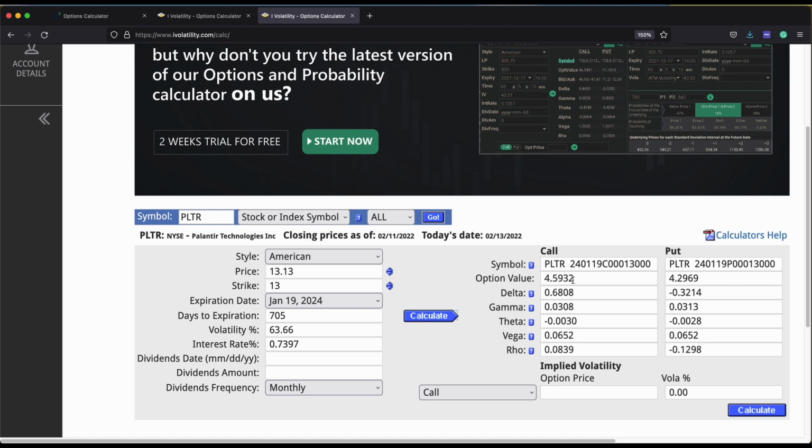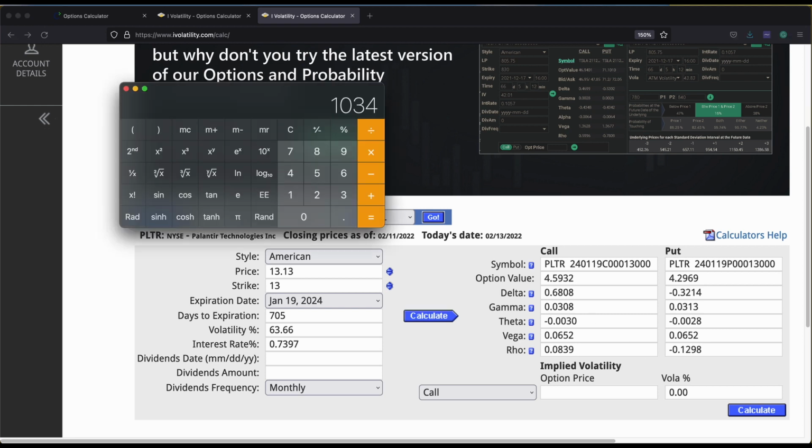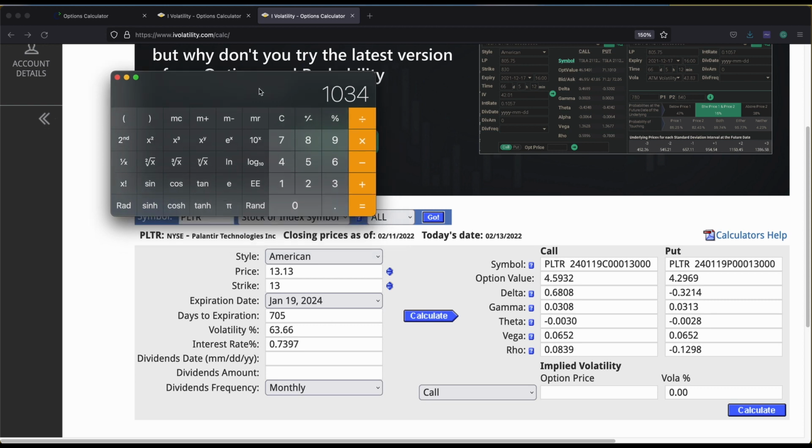Since the option contract is 100 shares at a time, you will be paying $459 for one contract. That will allow you to control 100 shares. So what does it mean in terms of your break even? Your break even point is 13 plus 4.59.